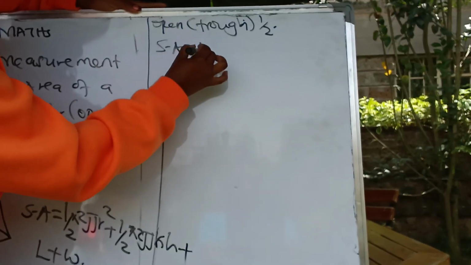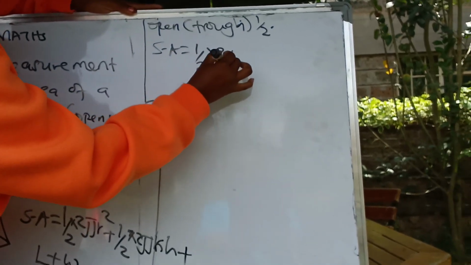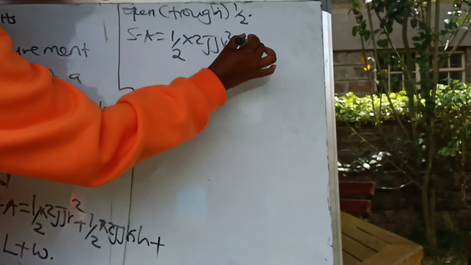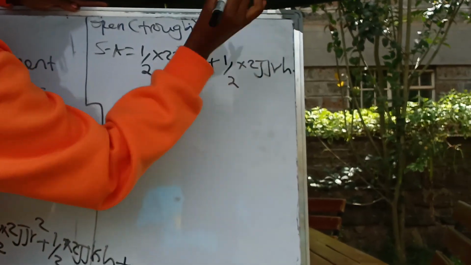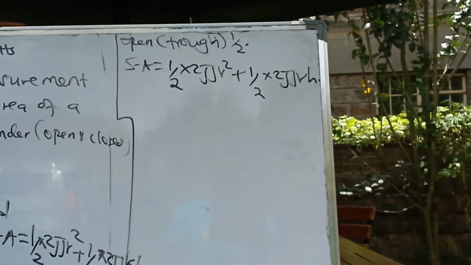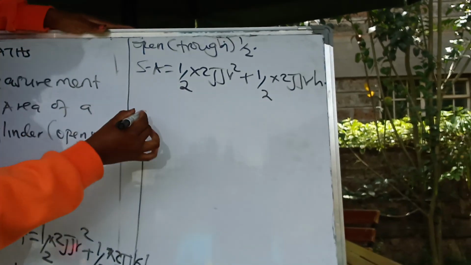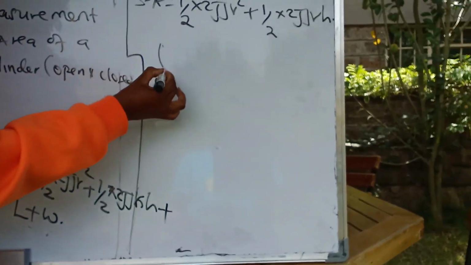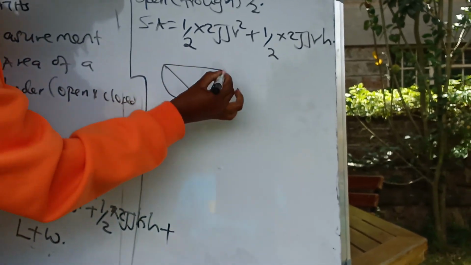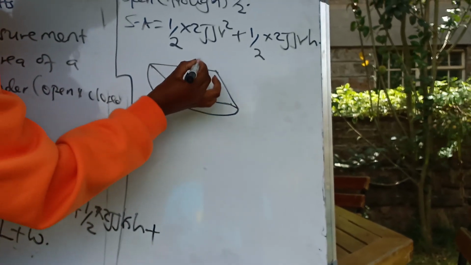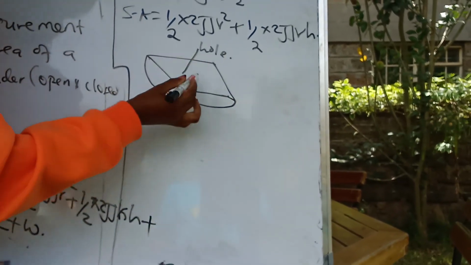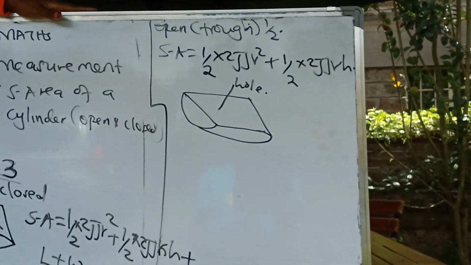Surface area is going to be a half times 2 pi r squared plus a half times 2 pi r h. You are not going to add anything because it will look exactly like this one, but this one is open up and down, so you are not going to add length times width.